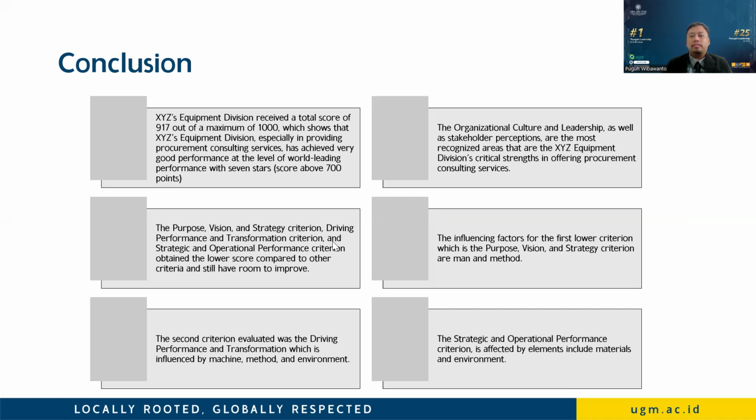Apart from that, there are also criteria that are good but still need to be improved. Moreover, the influencing factors that cause lower performance of the three criteria include man, machine, method, material, and or environment, which is different for each criterion.